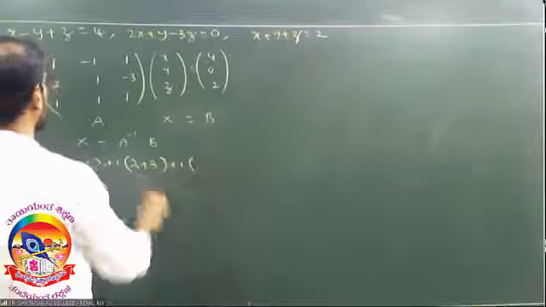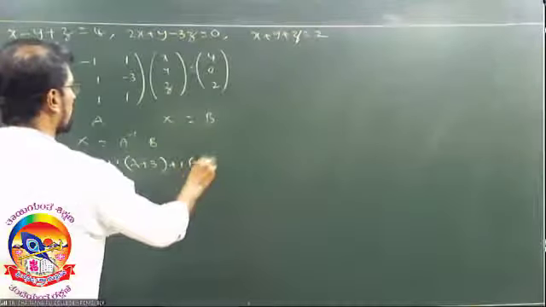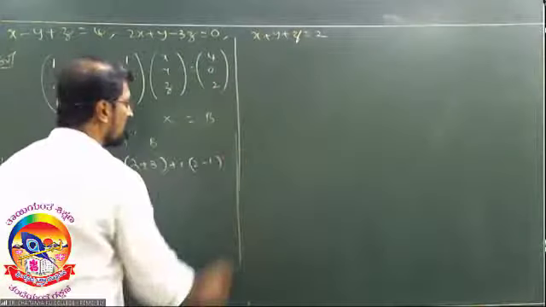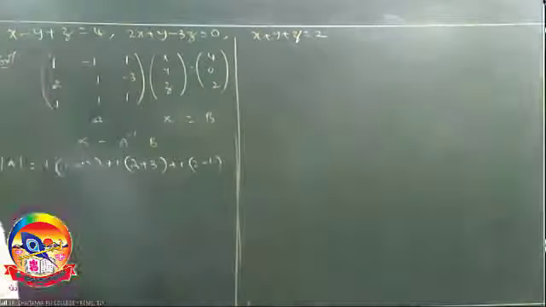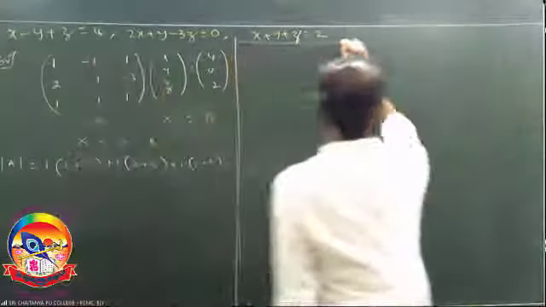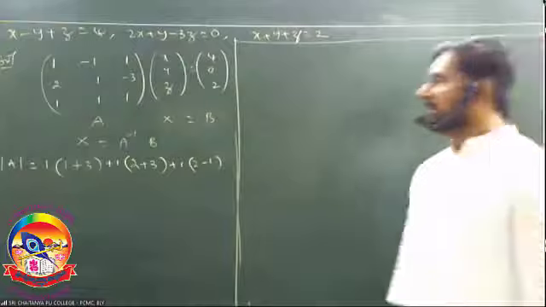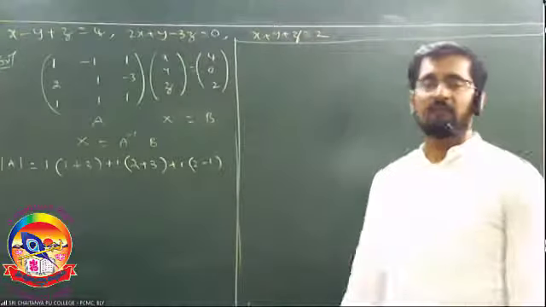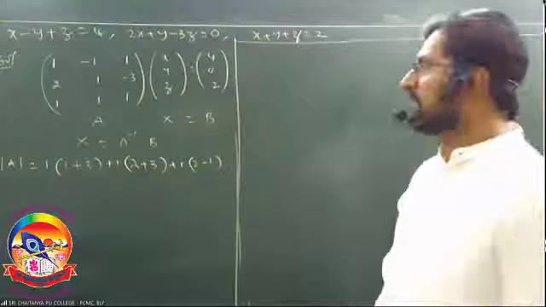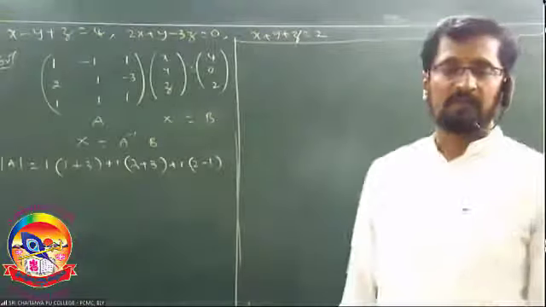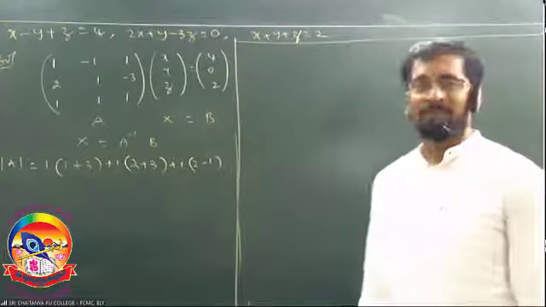Now, plus 1 into 2 minus 1, right? And find out the determinant here, and after finding delta, find out the cofactor of each and every element. You just check whether it is equal to 0 or not. Do parallel to me, please. Start doing, otherwise it takes time.